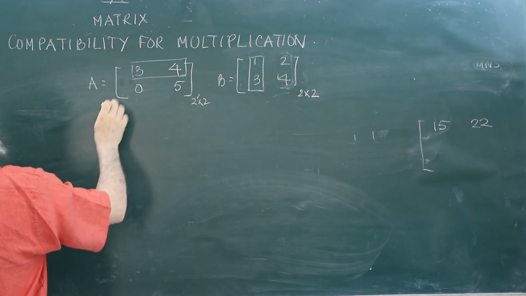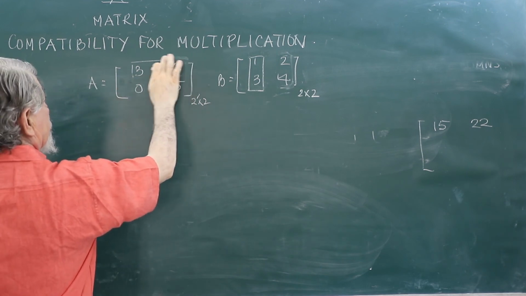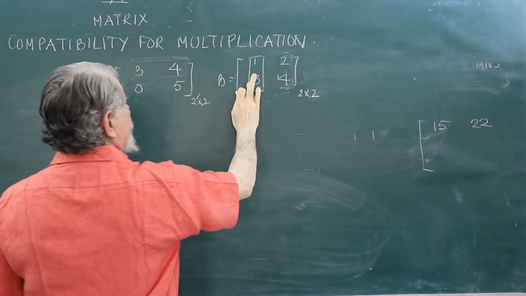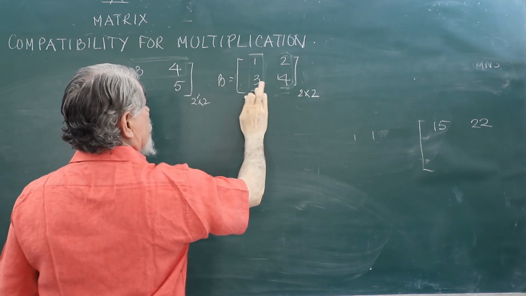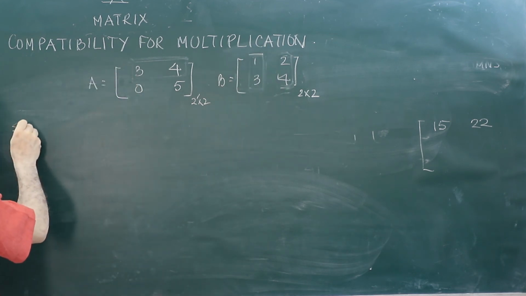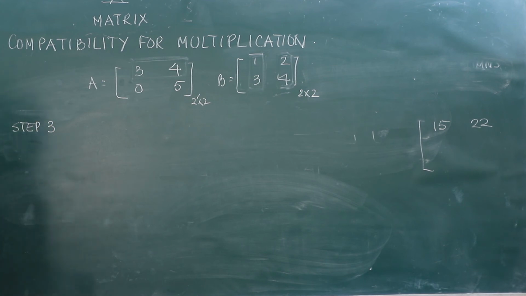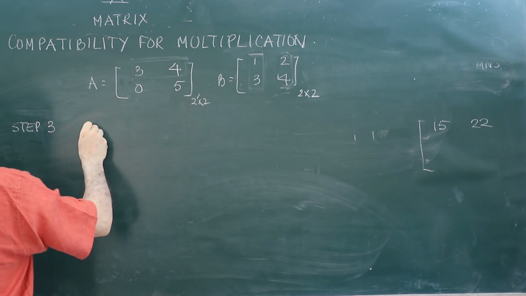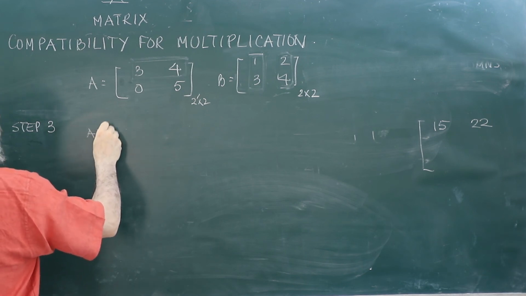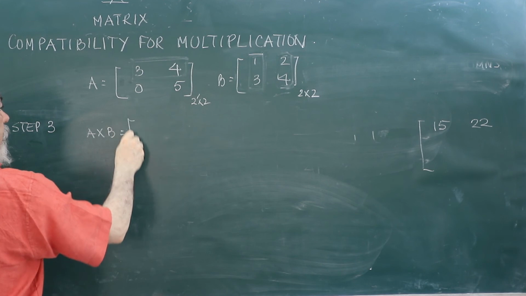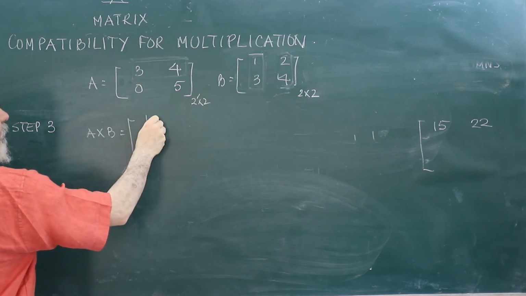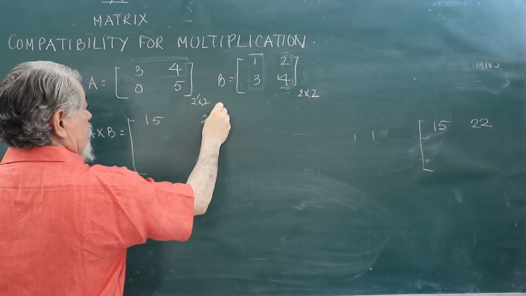Now for the next step, step 3, we have got 15, 22.